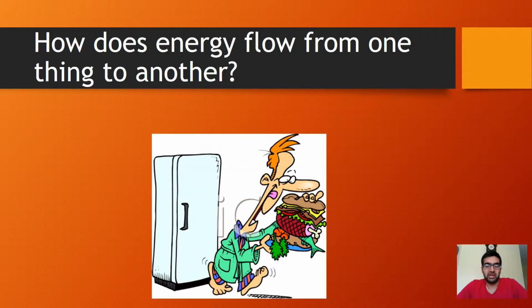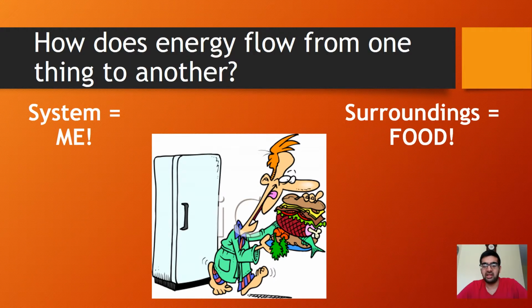We have a couple of connotations or indications on how to talk about when energy is flowing from one thing to another. The system, which is you or me eating food, would be the thing taking in energy or releasing energy. And the surroundings is where we get the energy from. Either, in this case, it's from food or something else in another case. But we have system and surroundings.